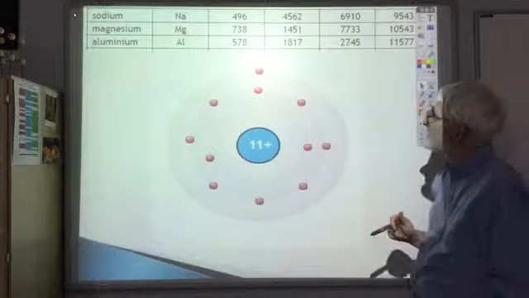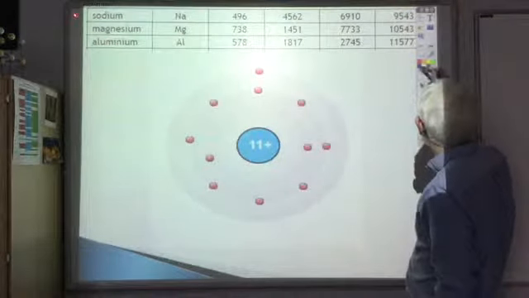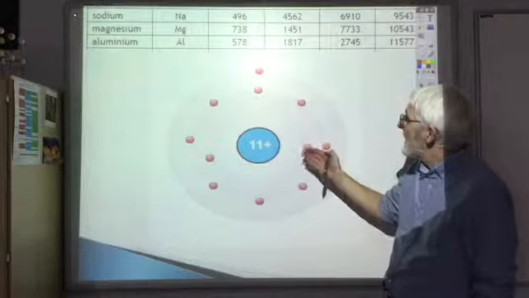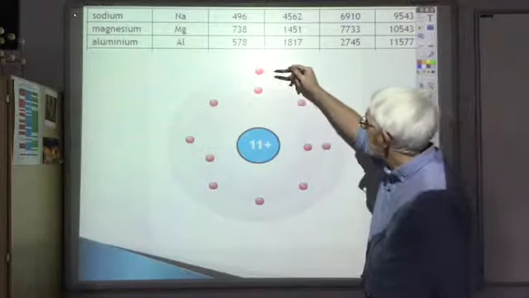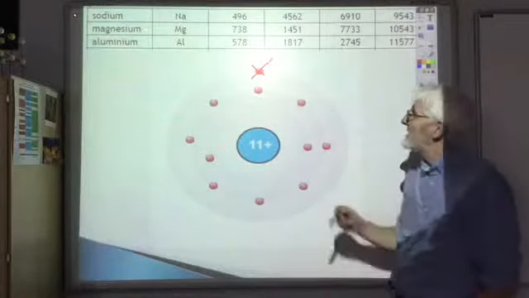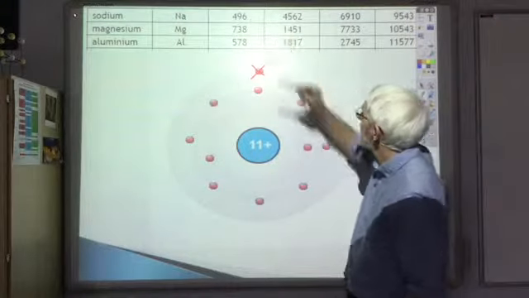So let's look at the case of sodium. So the first ionisation energy is the energy to remove the outermost electron. Okay, so it's that one. But the second, so that was the 496.